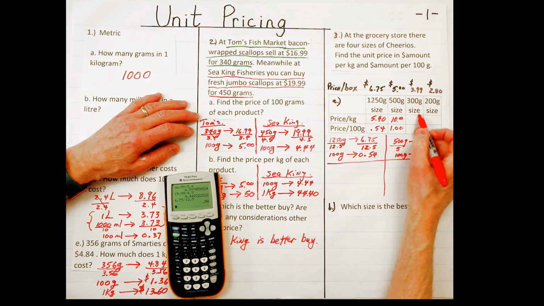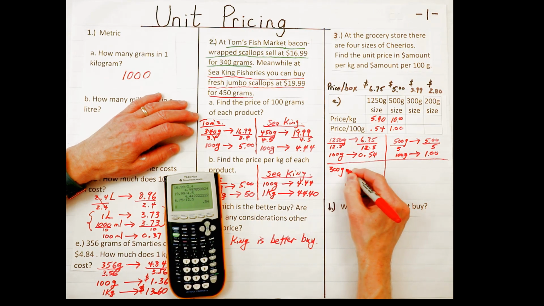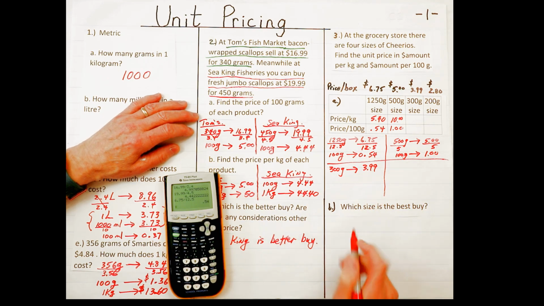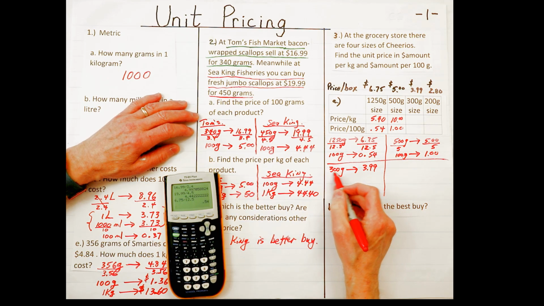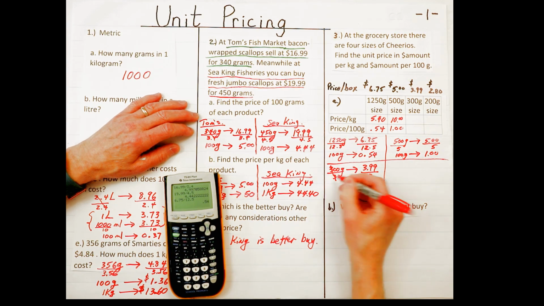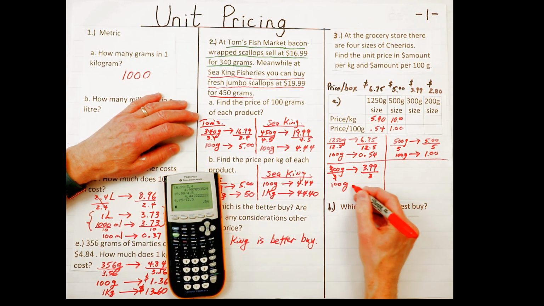Now, the 300 gram size, let's do that one. So 300 grams is $3.99. What do we have to divide 300 by to get 100? Just 3. So we divide $3.99 by 3. So that gives us 100 grams.